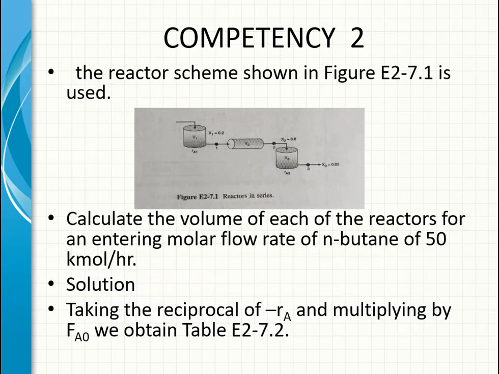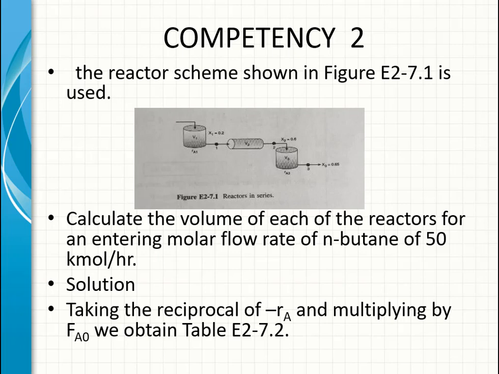So here we have the reactors. The first reactor, a CSTR, in which we achieve a 0.2 conversion. A second reactor is a PFR, from which we can get a 0.6 conversion.